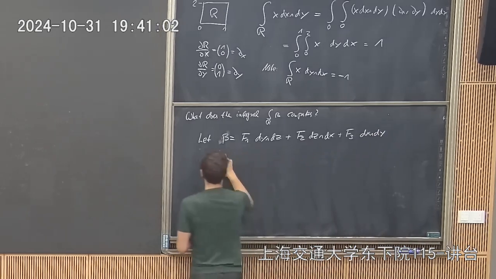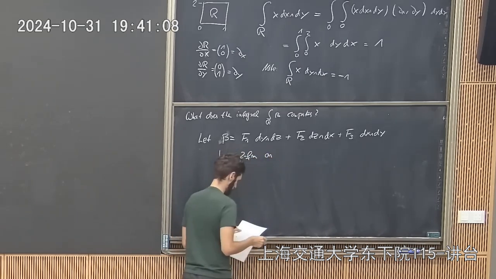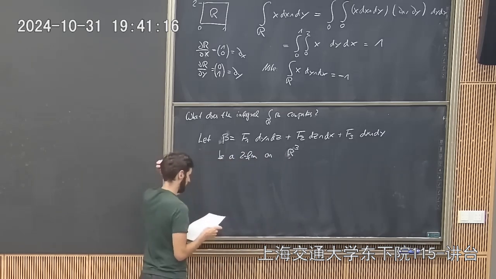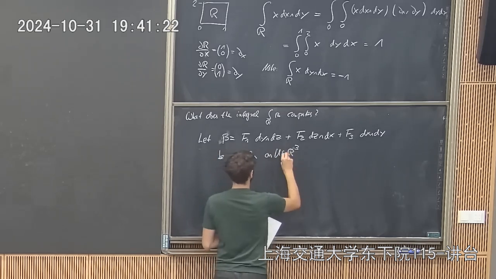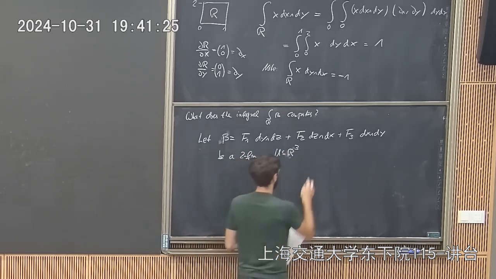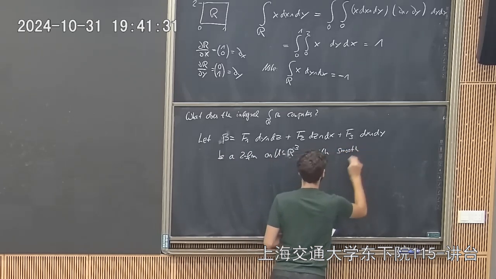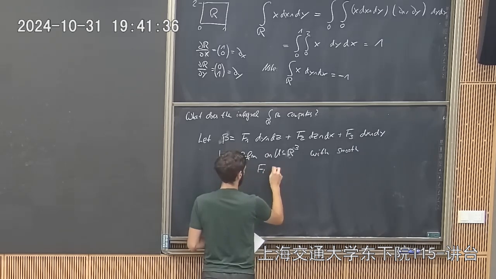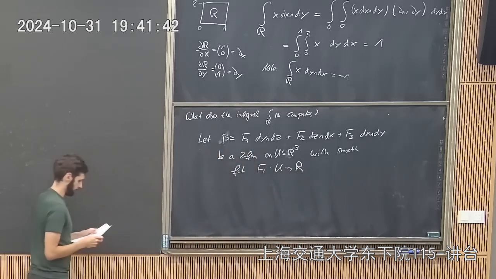That's a 2-form, let's say defined on the whole of R3, or some open subset of it, with smooth functions f1, f2, f3.